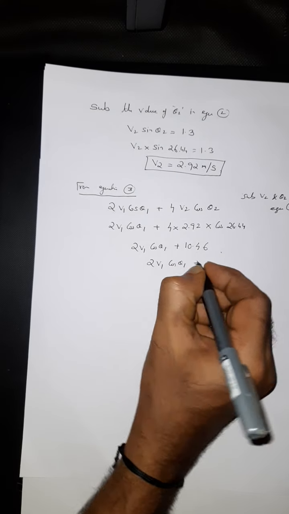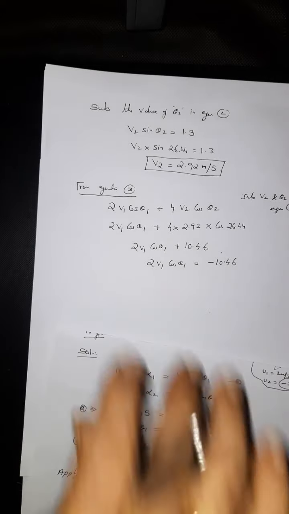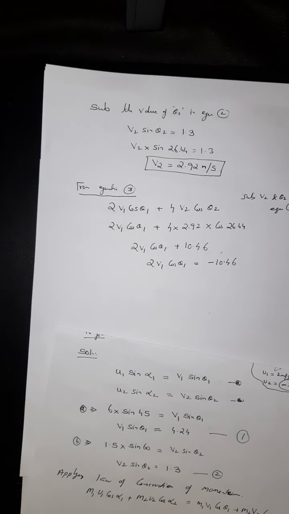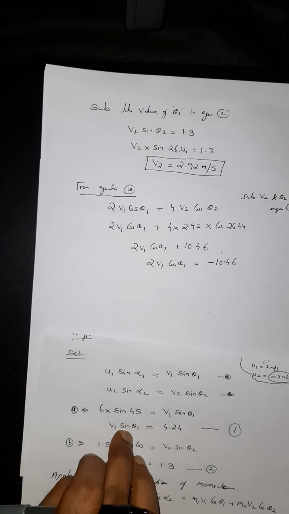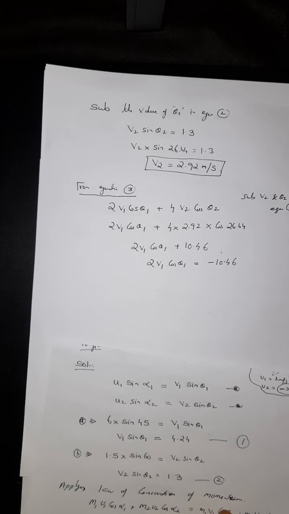So 2 v1 cos theta 1 equals 11.48 minus 10.46, which is 1.02. Equation number 1 says v1 sin theta 1 is equal to 4.24.